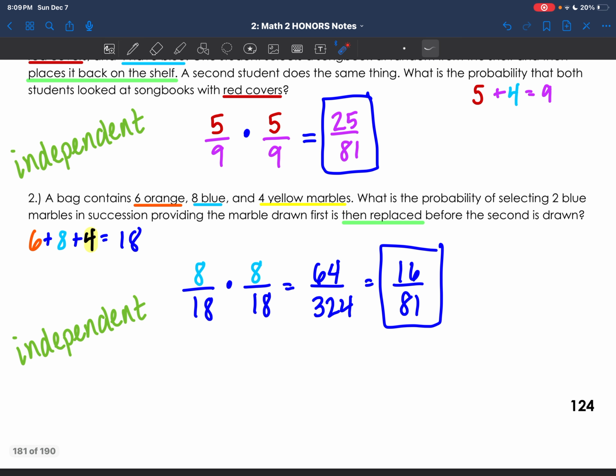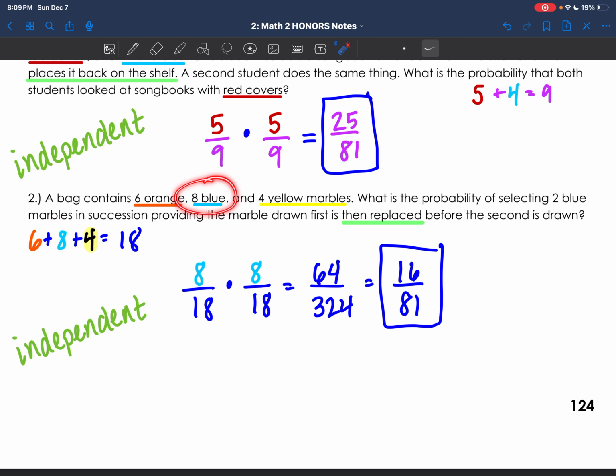All right, the next example: a bag contains 6 orange, 8 blue, 4 yellow. What's the probability of selecting 2 blue marbles in succession, provided the marble drawn first is then replaced? Since it's replaced, one event is not going to affect the other, so it's independent. For the total, you have your 6, 8, and 4, so you have 18 total.